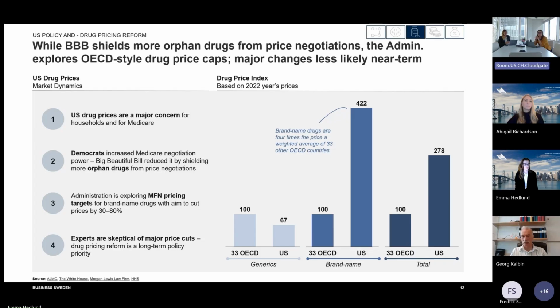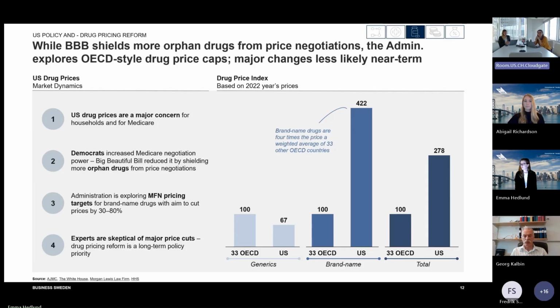And maybe you've seen most recently, at the end of August and here in September, there have also been letters from the Trump administration to the 17 largest pharma companies, asking them to adjust prices. So those are some of the activities that we're currently seeing. The administration is saying that there should be 30 to 80% price cuts resulting from this. However, other experts are a bit skeptical that these types of major pricing targets can be met.